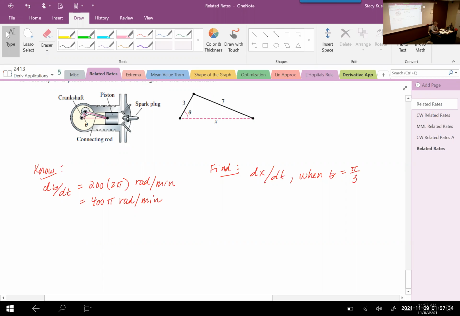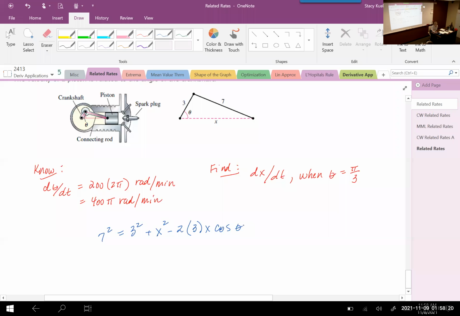So for the formula that we're looking at, I chose to write it as 7 squared is equal to 3 squared plus x squared minus 2 times those sides, 3 times x, times the cosine of theta.